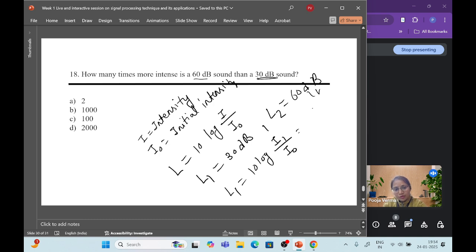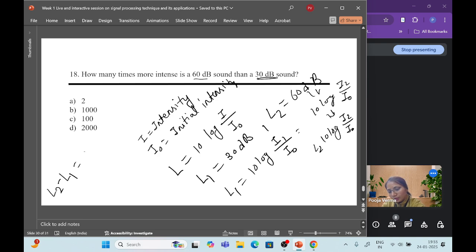And L2 is represented by 10 log I2 divided by I naught. You can solve it in many other ways also; I am just trying to solve it in one way.